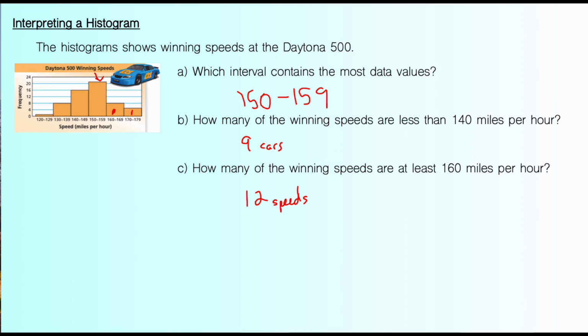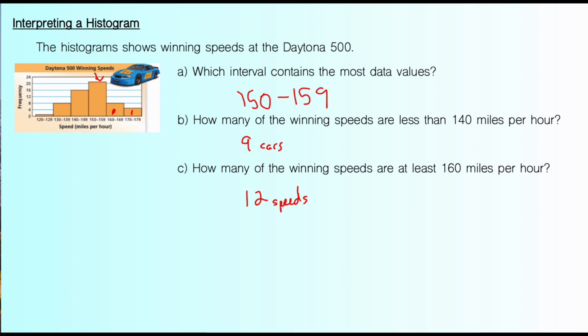It does show us a lot of information, but it doesn't give us specific data values. I don't know if any cars drove 142 miles per hour, or maybe every car in that third bar, 140 to 149, maybe all of them are 142 miles per hour. We don't know. We know that there are some cars in a range of 140 to 149 miles per hour, but I don't know actual specifics.